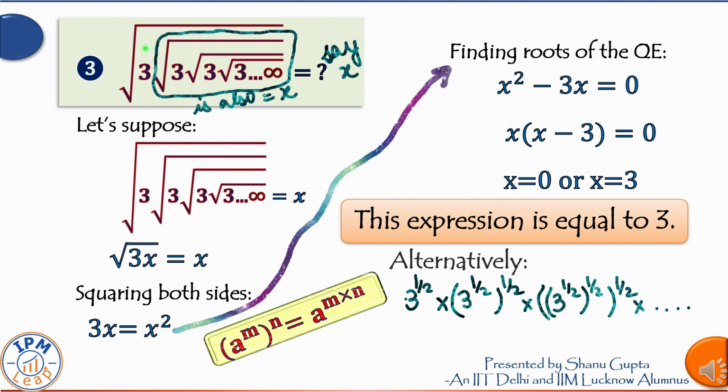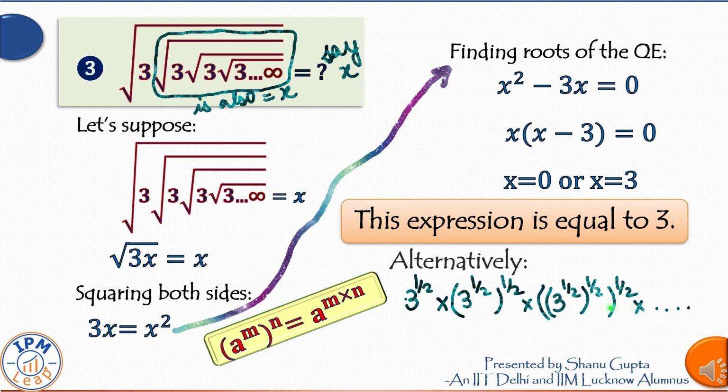It means 3 raised to the power half whole raised to the power of half. Next, we have 3 with effectively 3 square root signs over it, which means 3 raised to the power of half, whole raised to the power of half, whole raised to the power of half.